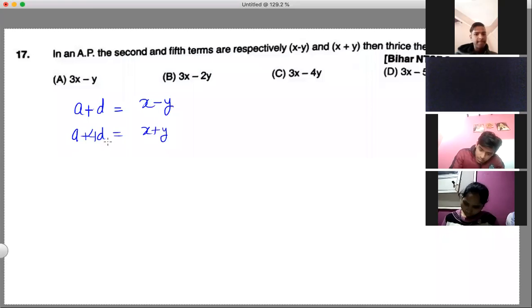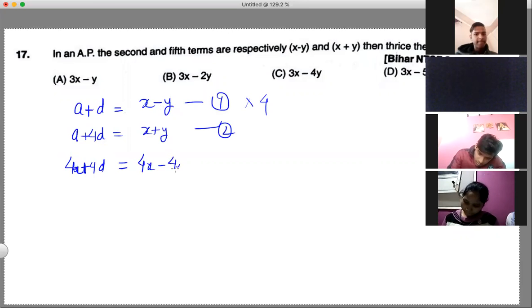Now, what can we do? This is 1 and this is 2. So we can multiply this by 4, okay? So we will have 4a plus 4d is equal to 4x minus 4y.